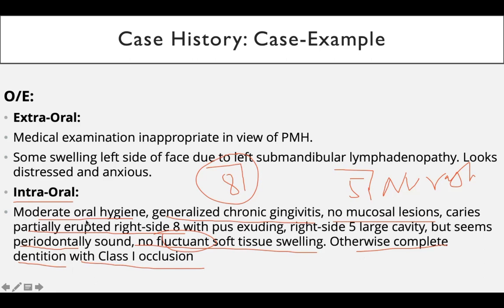That's how you do it: you see the hygiene, whether gingivitis or periodontal disease is present or not, mucosal lesions, rash, and dental cavities. You have to record caries, partially erupted 8 on the right side with pus exuding. We are talking about the mandibular teeth, but it seems periodontally sound, maybe mandible, maybe maxilla, I don't know, they have not recorded here.